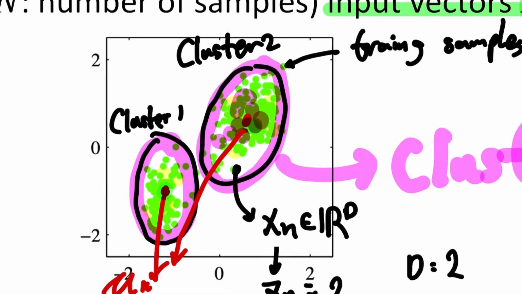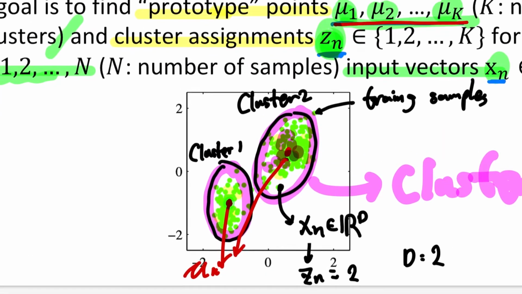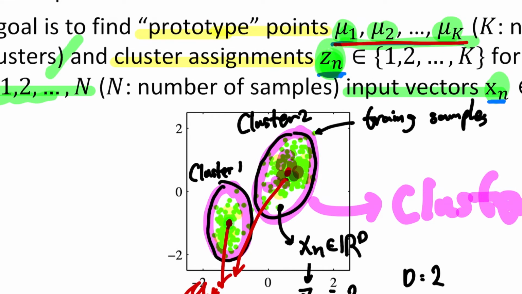So when you think of the clustering problem in 2D space, this green dot is the input vector, or input sample, right? Then we want to separate those input samples in terms of their similarity. Let's say there are two clusters, one cluster here and a second cluster here.